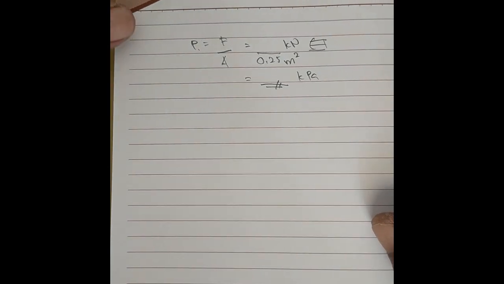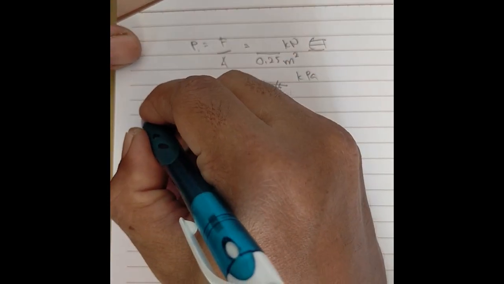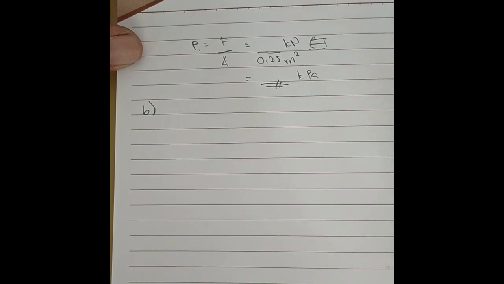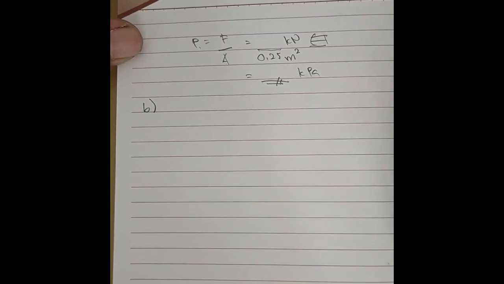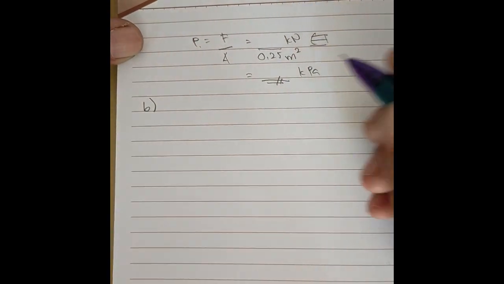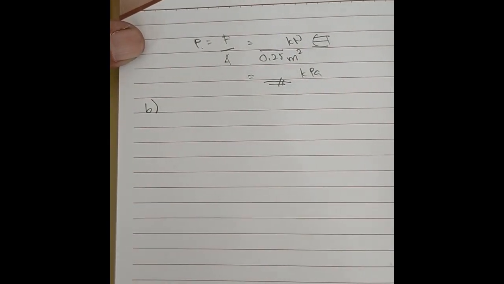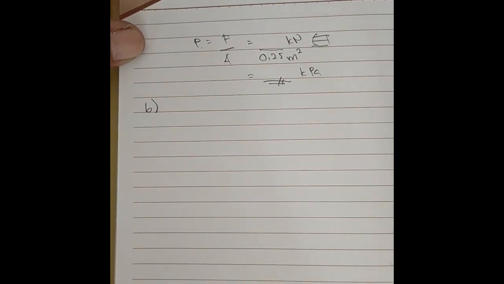Okay, so for B is the total work done by the gas. So from here you need to draw a schematic diagram.